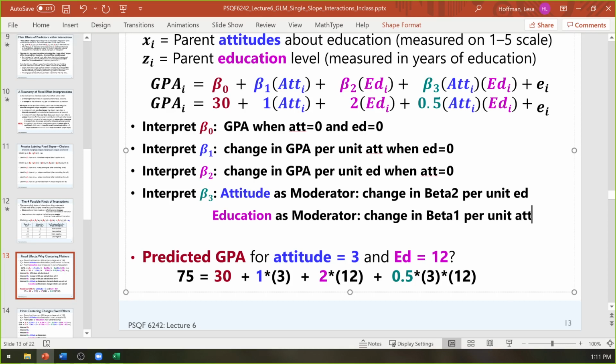Okay. So another way to say that camera use is the predictor and class size is the moderator would be something like, as class size decreases, the effect of camera use increases. As something changes is a dead giveaway that that's a moderator, for a quantitative moderator.